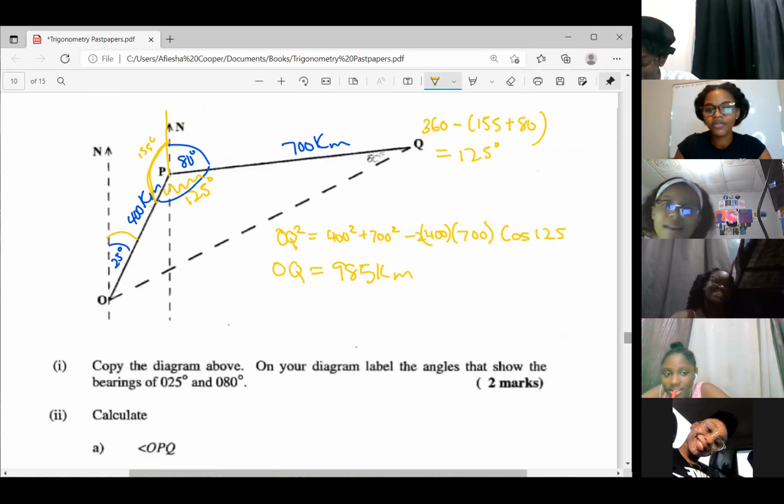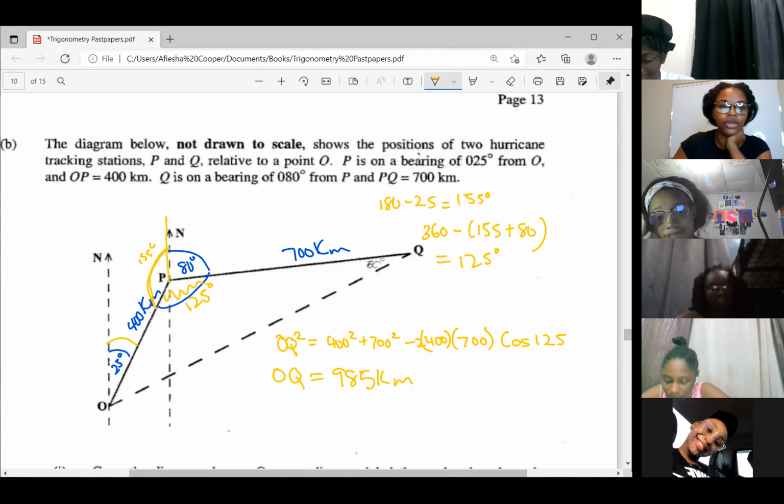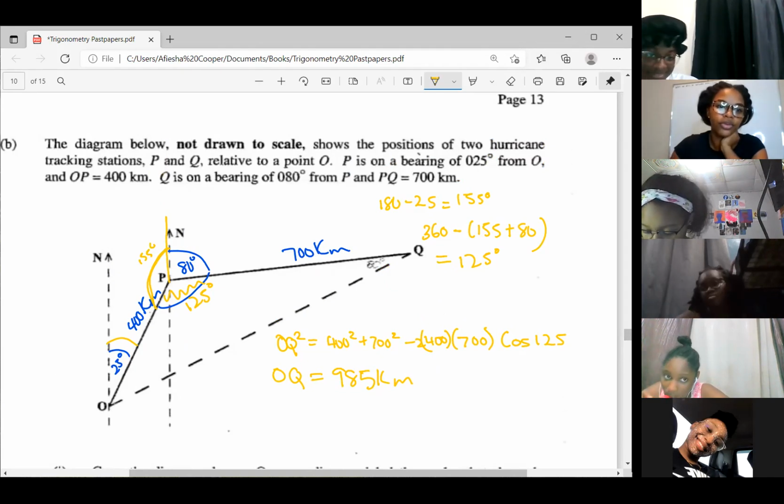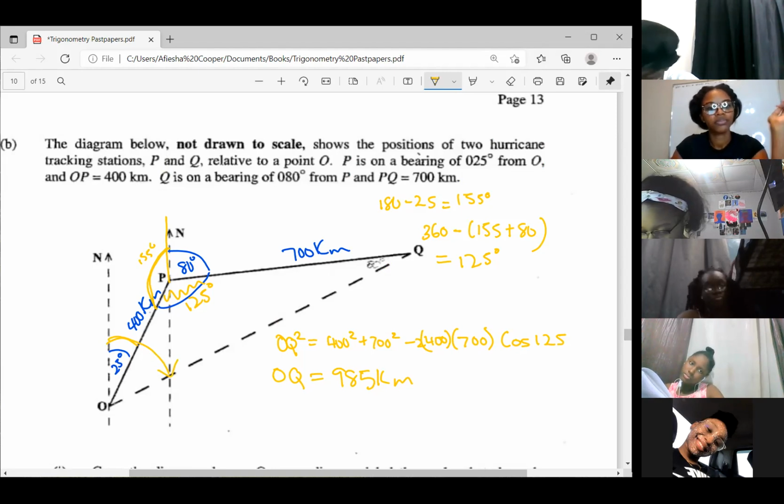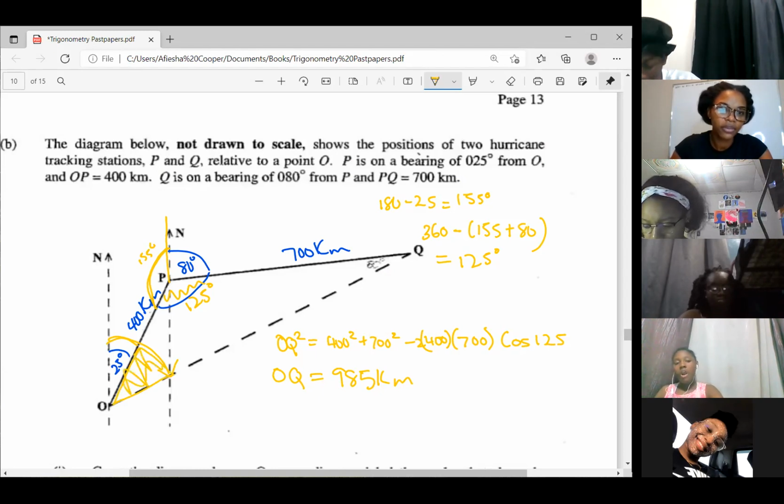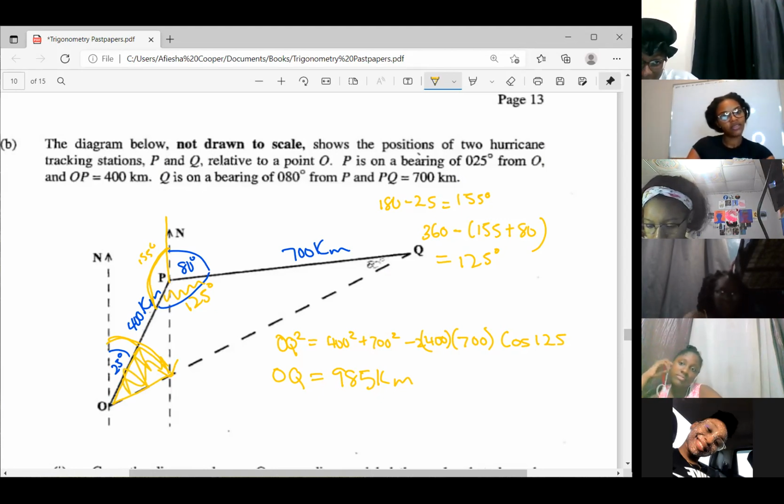The bearing of Q from O is how much, Matthew? Q from O. So here to here? So that means we need to find inside here. How do we find inside there, Matthew? Sine rule. Sine rule. Let's watch.